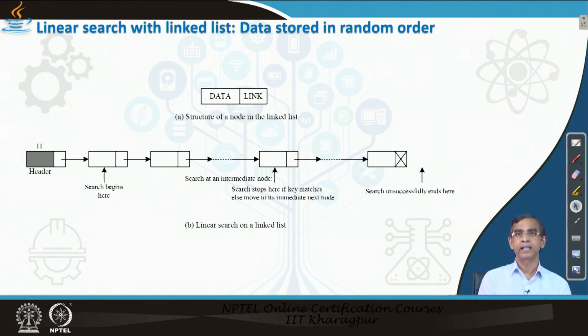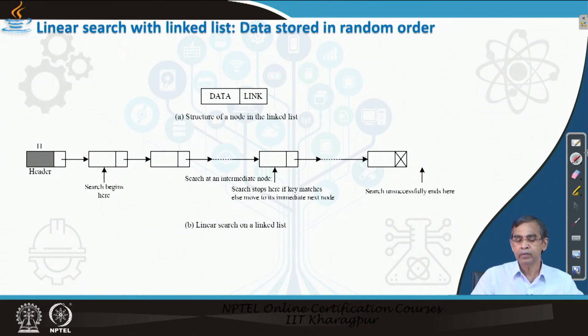The same concept applies. It is similar to the linear array, but we traverse not consecutive memory locations, rather we move to the next node following the link maintained by the previous node.